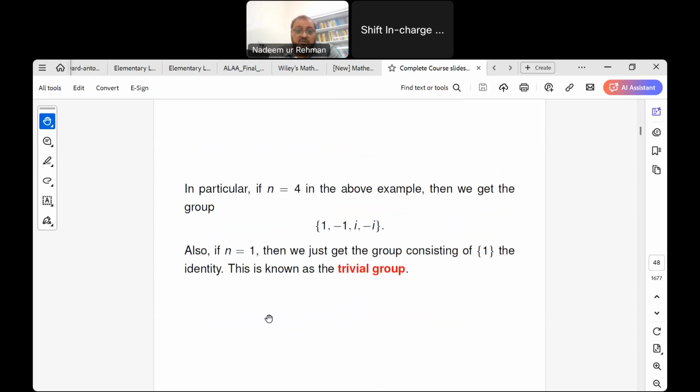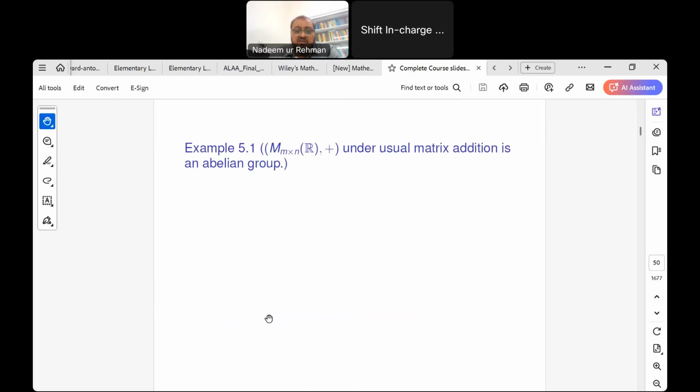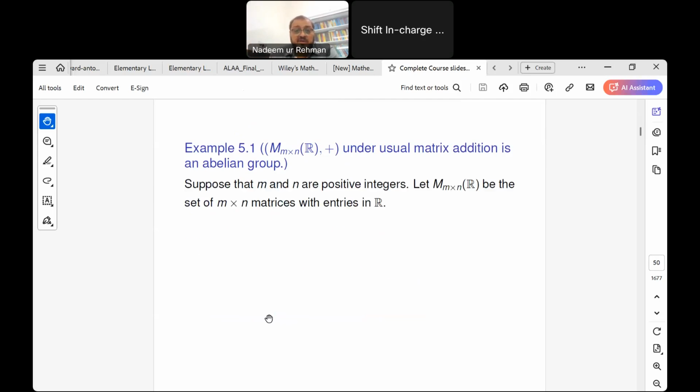Now we look at a very special case of multiplication: the m by n matrices with real number elements under usual matrix addition and matrix multiplication.